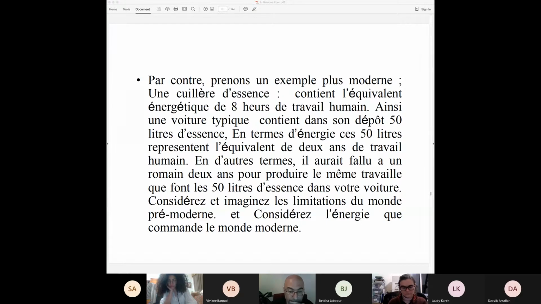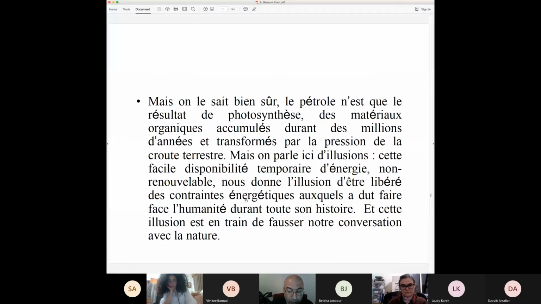What does that mean? What it means is that we have, in effect, access to work. Our civilization has access to work that the Romans could only dream of.